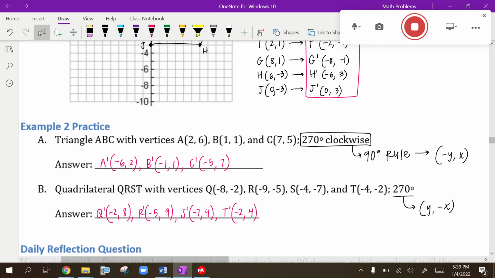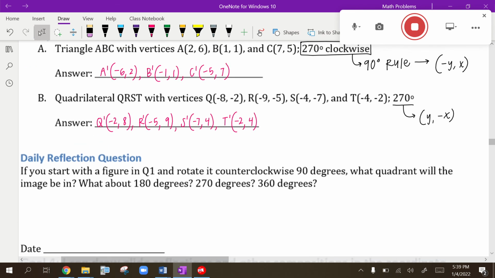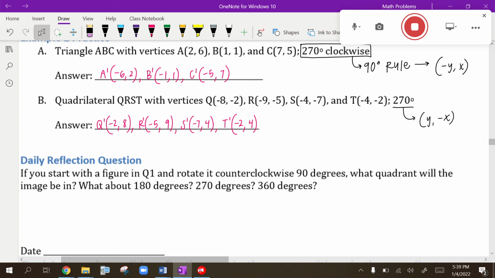And the last thing we're going to do today is talk about this reflection question. It says, if you start with a figure in quadrant 1 and you rotate it counterclockwise 90 degrees, what quadrant will the image be in? What about if you rotate it 180 degrees counterclockwise, 270 degrees, or 360 degrees? Remember, it's important for you to know the quadrants. Quadrant 1 is in the top right corner.